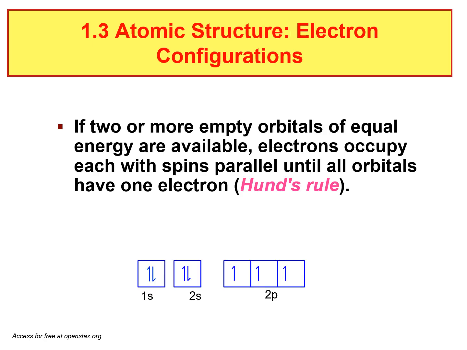rule which helps you fill up electrons in different energy levels is Hund's rule, which states that if 2 or more empty orbitals of equal energy are available, then the electrons occupy each with spins parallel until all orbitals have 1 electron. Say, for example, you have 4 electrons to be filled in a 2p orbital.